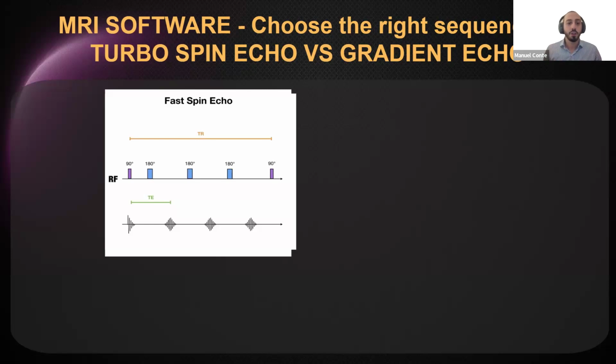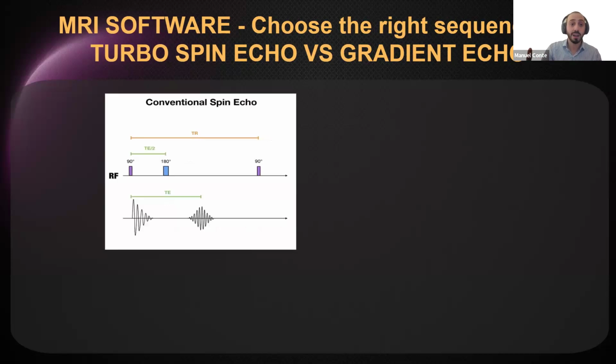Normally, the turbo factor for T1 weighted image is around 3 to 5. This is not a standard, it's just a suggestion. In T2, normally the turbo factor is 17 or more, and for STIR, normally 7 to 9. But why is it faster?